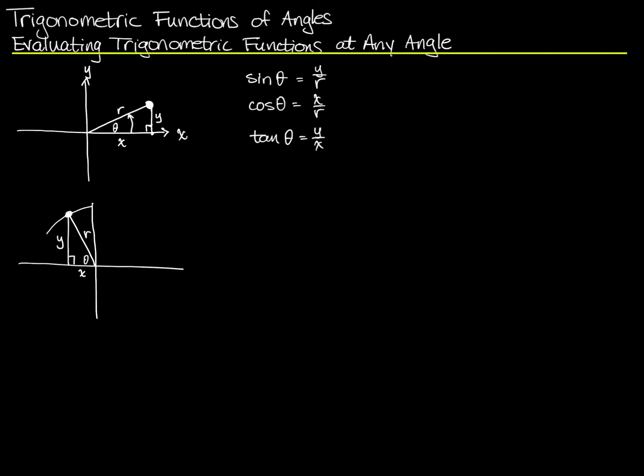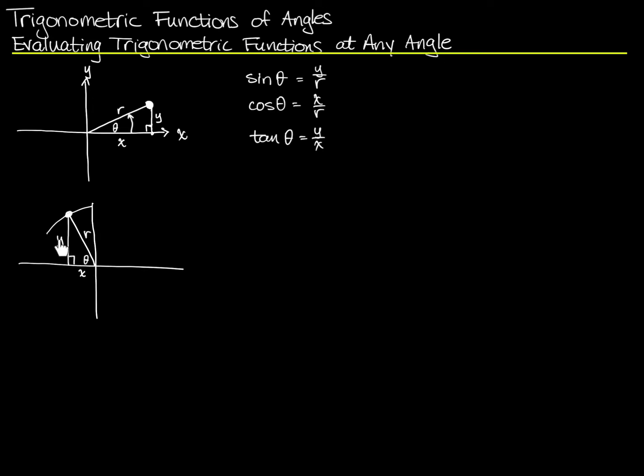When you're working with these, by the way, theta is always the angle right next to the origin here. Theta is never this angle up here. It's always the one right down here near the axis. As with this diagram, the opposite is y, the adjacent is x, and the hypotenuse is r.